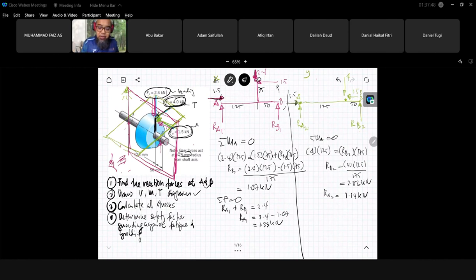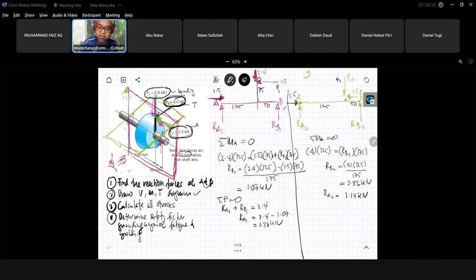But for the radial causing bending, it has the frequency, so it has the alternating stress. For the tangential force causing the torsion, where the shaft is twisting, there is no alternating shear stress here.